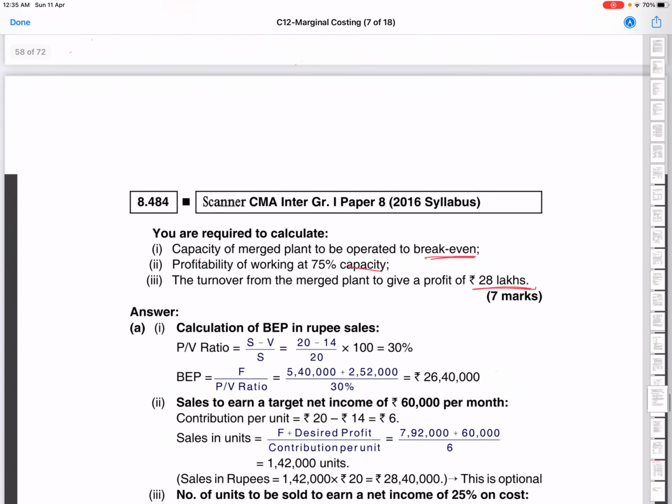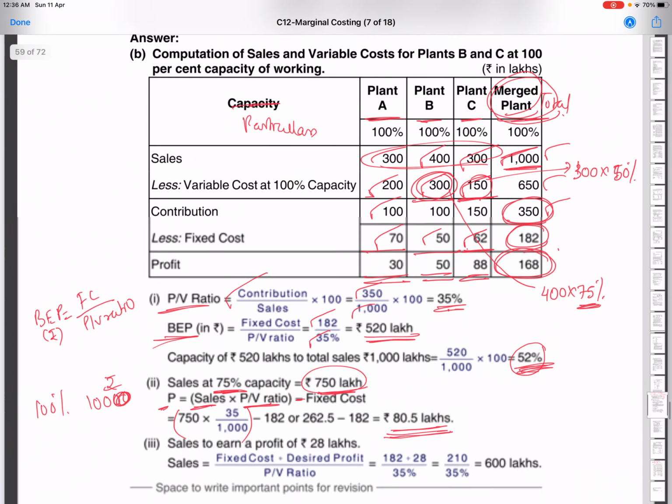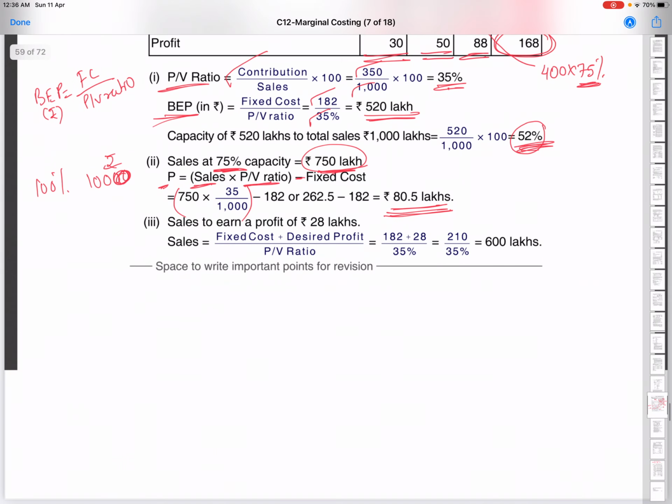Next, the third question is the turnover from the merged plant to give a profit of 28 lakhs. So we want to find sales of the merged plant when the profit is 28 lakhs. Sales is equal to fixed cost plus desired profit divided by PV ratio.